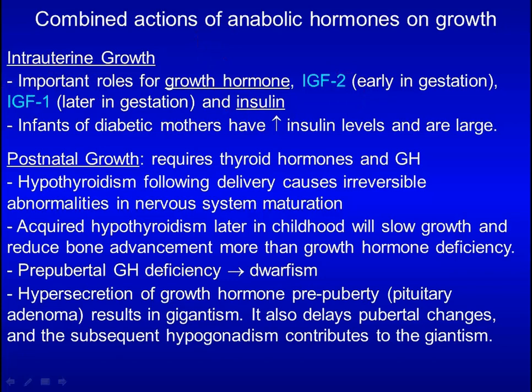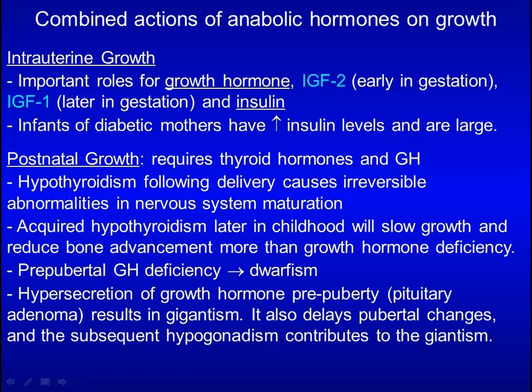Infants of diabetic mothers are typically large because they have been exposed to high insulin levels. Postnatal growth requires thyroid hormones and growth hormone. Hypothyroidism following delivery causes irreversible abnormalities in nervous system maturation.